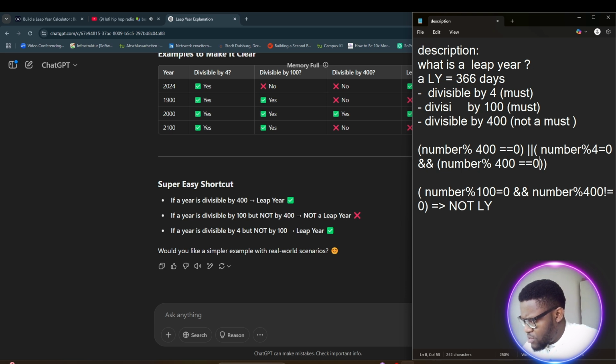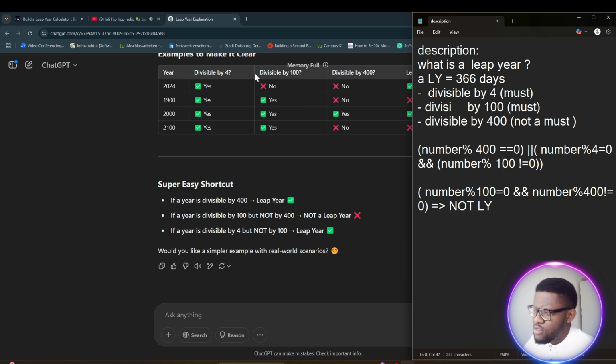So 400. If divisible by 4, but not by 100. So these are the conditions for everything.